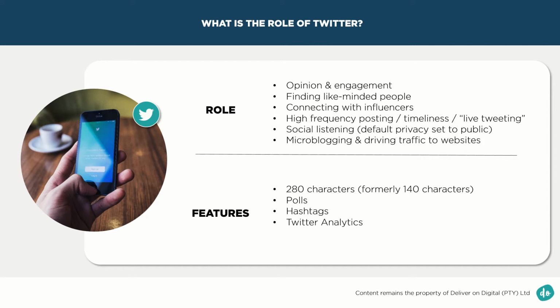As I mentioned earlier, it was intended as a microblogging platform, which means that one of its core roles is to give, for example, a quote to an article and then link out to a website with that full article on it.